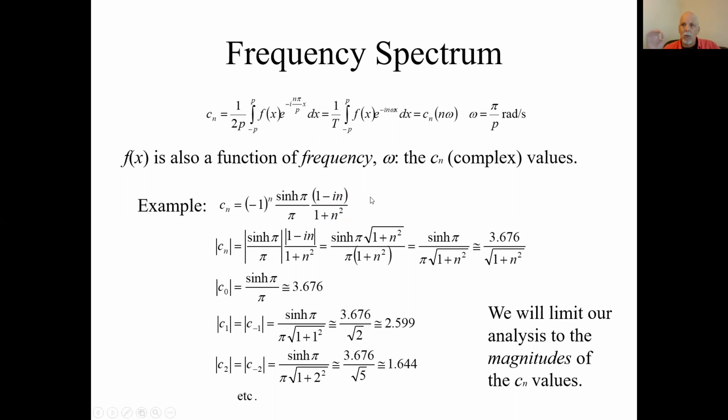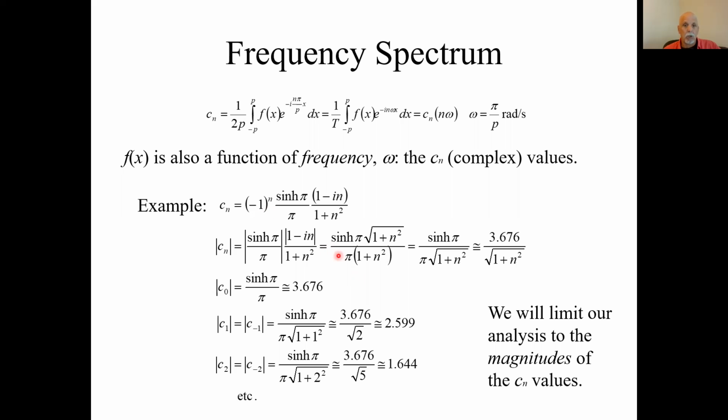And for any real number, the magnitude is just the absolute value. And if it's a positive real number, the magnitude is just the number. So this -1 to the n, its magnitude is just 1.